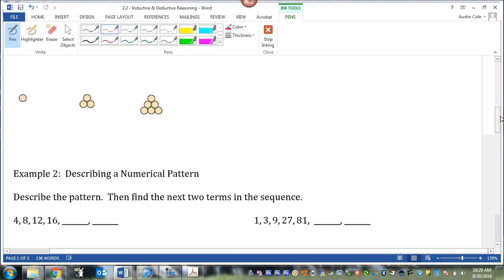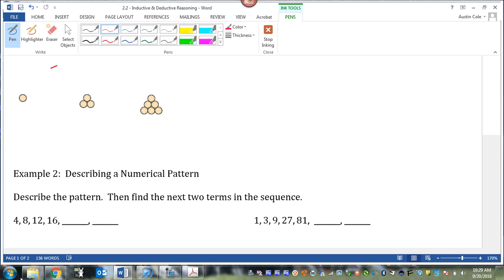What do you notice about this one? Morgan, what do you notice about this? It starts out as one and then it goes to the next. Okay. So this pyramid has one ball in it. This one has 3, 2 on the bottom. 1, 2, 3.